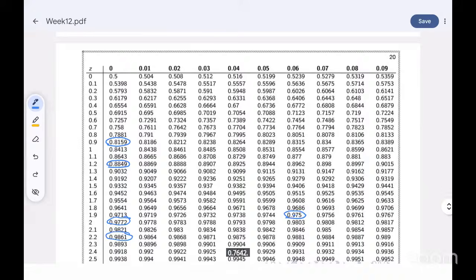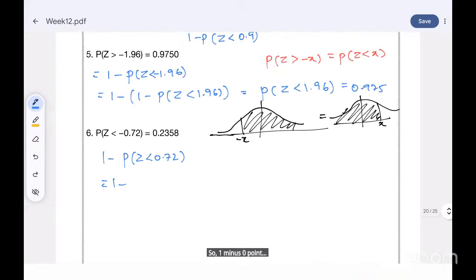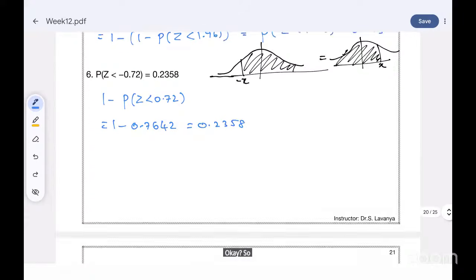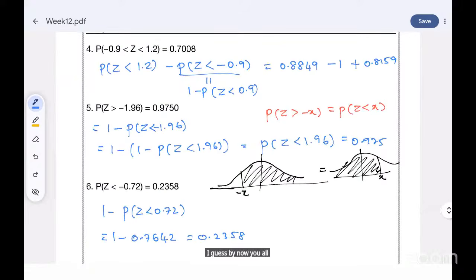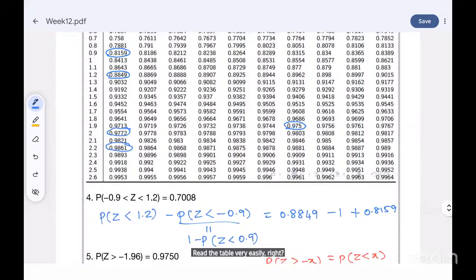So it should be 0.2358. Okay. I guess by now you all can read the table very easily, right? No problem with reading the table and finding the probabilities. This part is fine for everyone, I hope, right?